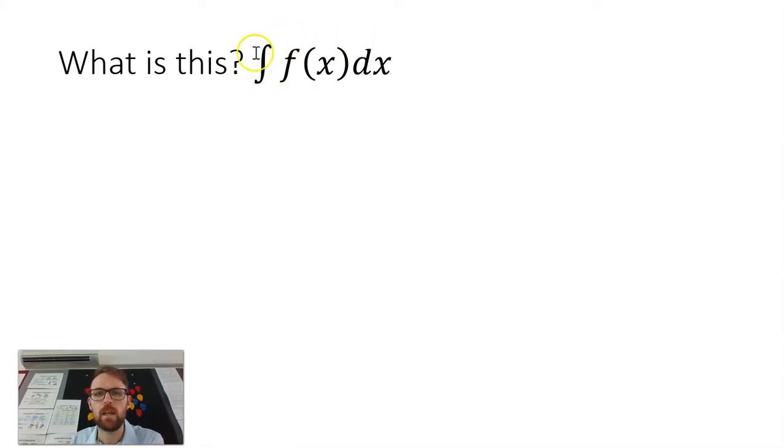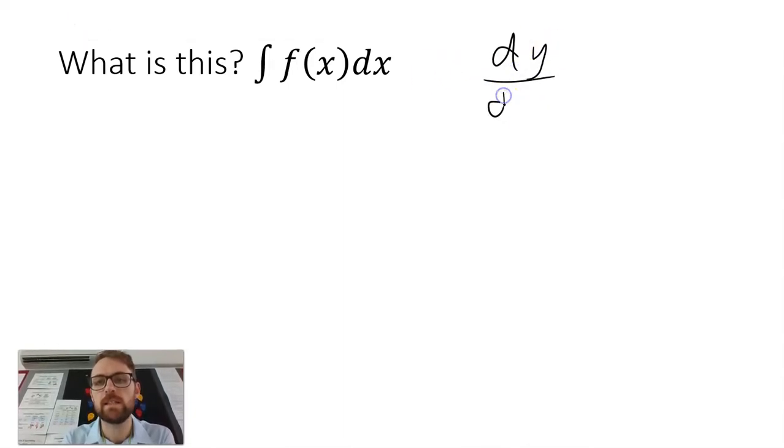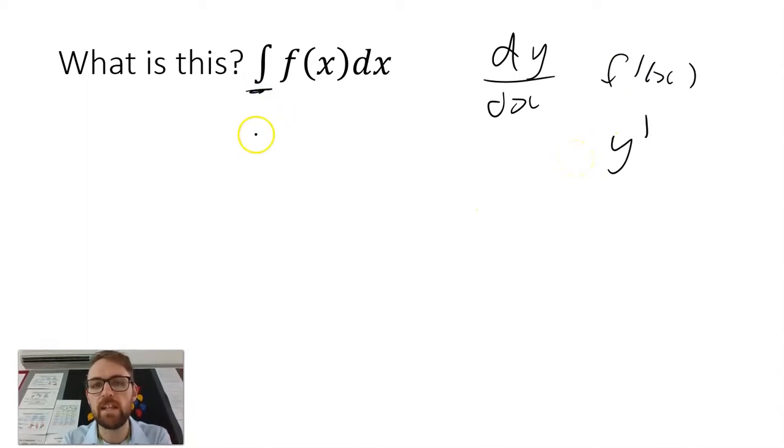Back when we were doing differentiation, we used dy by dx, or f dash of x, or y dash, and they all meant differentiate. This here means do the opposite, so anti-differentiate, which we also call integrate, find the integral of.